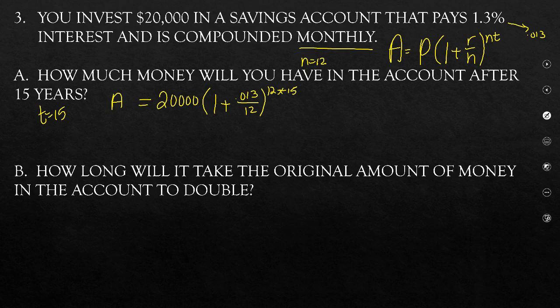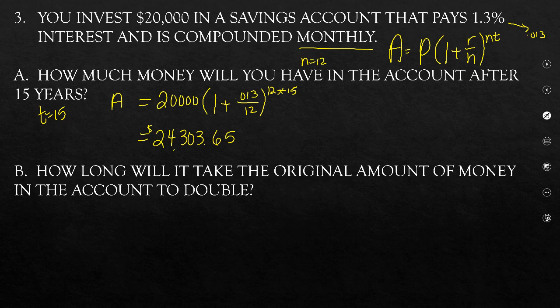So 20,000 multiplied by 1 plus, and you have to use that fraction, 0.013 divided by 12, and then your exponent, you can type just as it is, 12 times 15. And this gives us a final amount of $24,303.65. That has already been rounded correctly to the hundredths place.